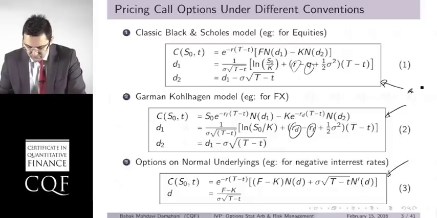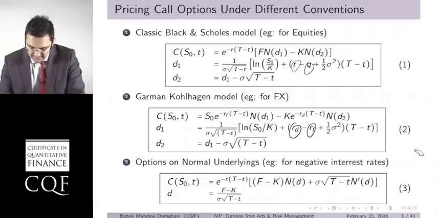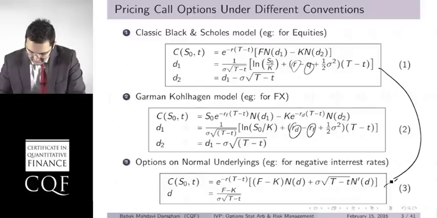So you have to be able to come up with something very similar, but which would be able to accommodate negative prices or negative interest rates in this case. And this is where the normal diffusion assumption comes into play. So this one is essentially the mirror of this one, but using the normal assumption versus the log normal assumption. Okay?